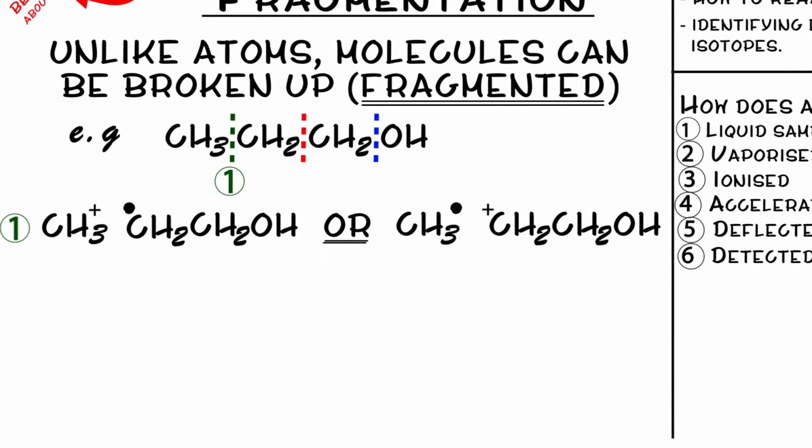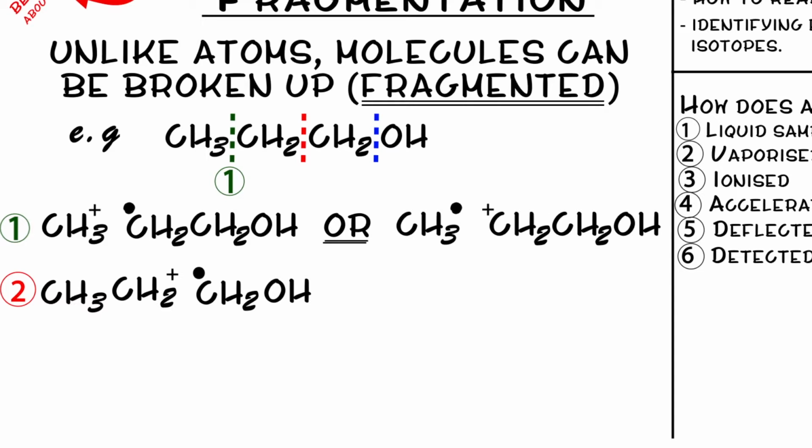Now, if we look at the next step, this one here, so again, if we be positive about radicals, when you fragment your molecule at this point, it could fragment there. Again, it's a reasonably random process. So this is the potential fragmentation point. You could form CH3, CH2, positive, or you could form on the other side, which is CH2, so the rest of the molecule, OH, and that could be a radical.